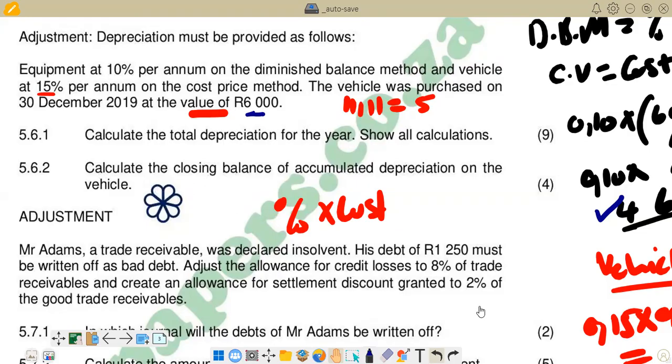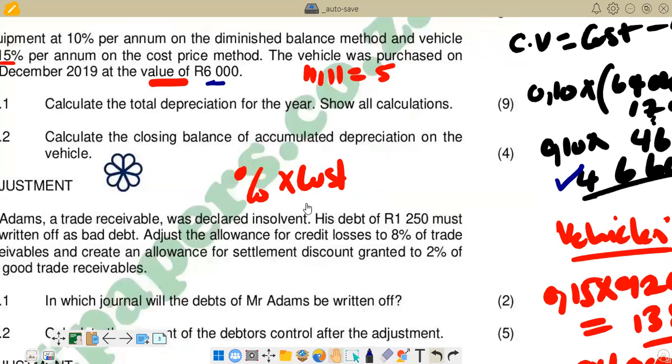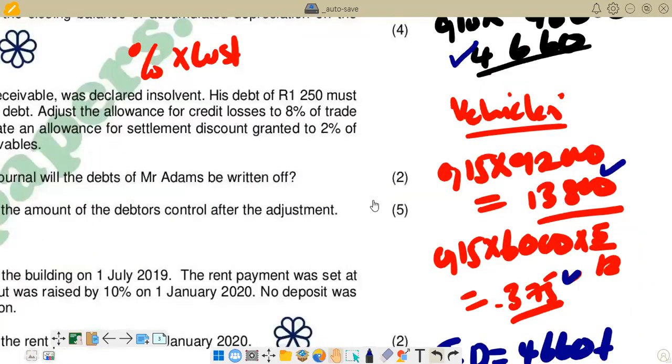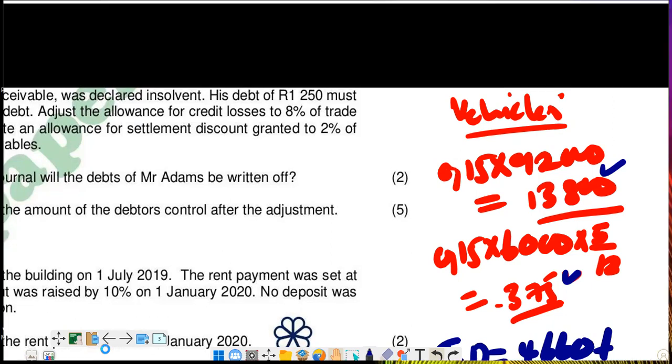This depreciation we've just calculated there. You'd see that for vehicles, we calculated for those vehicles that stayed for the whole year 13,800 plus the one that came during the year, which is 375. So we are going to say 13,800 plus 375 plus the figure that we are given in the trial balance there. We go and check the balance that is given in the trial balance in the question.